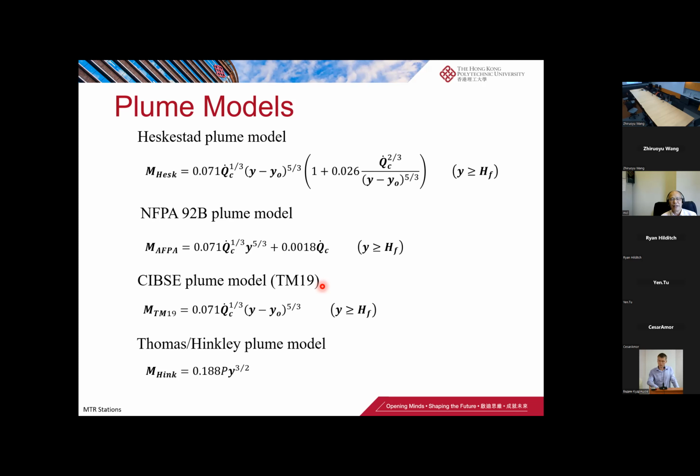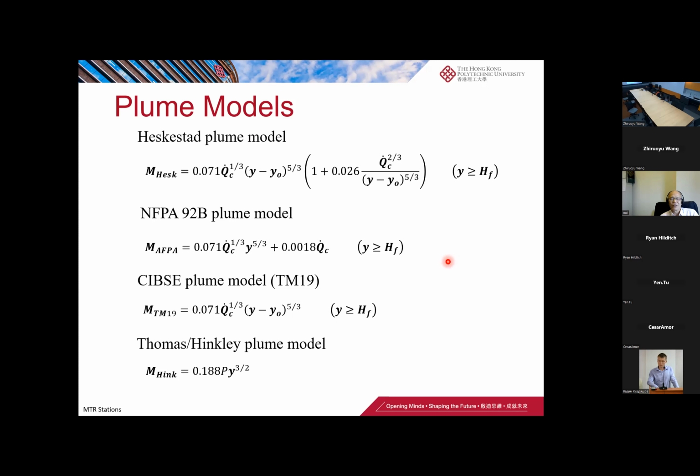We had engineers supporting us from the USA, UK, and Australia. Each of these countries has regulations that recommend different plume models, and based on their experience or convenience, they used their own model when they came to Hong Kong to support the Hong Kong team and write the fire analysis report.